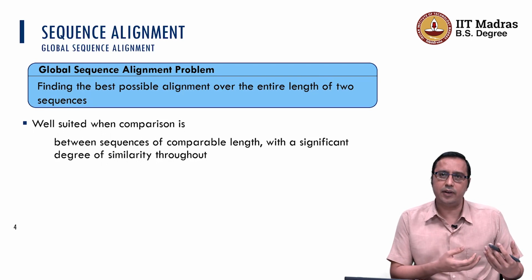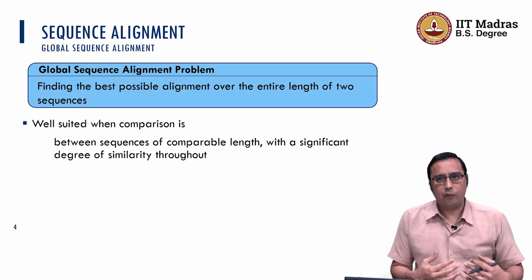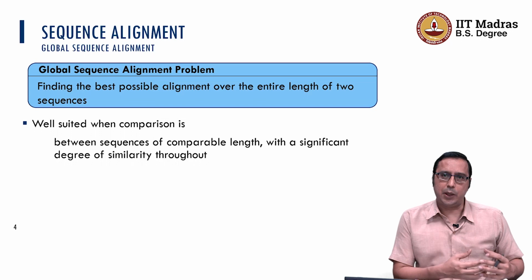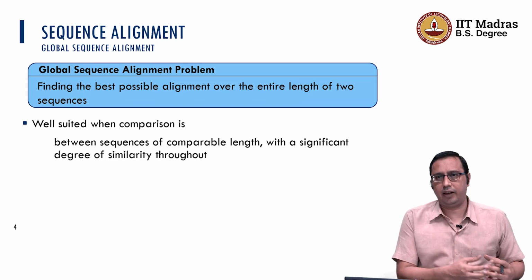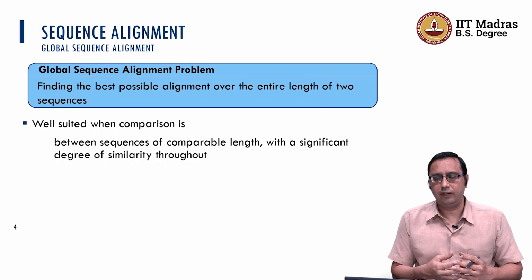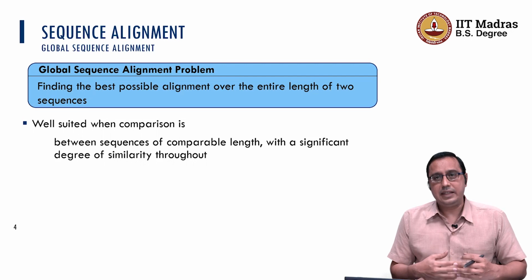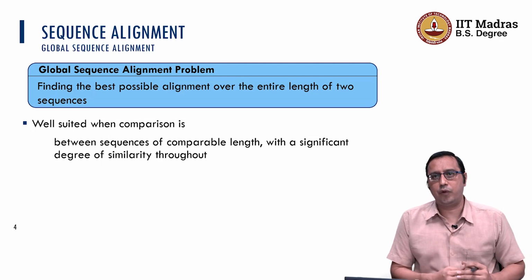There might be some different parts. One example of global sequence alignment is if I have sequenced an unknown organism and I would like to see whether this unknown organism is similar to one of the organisms available in the reference.